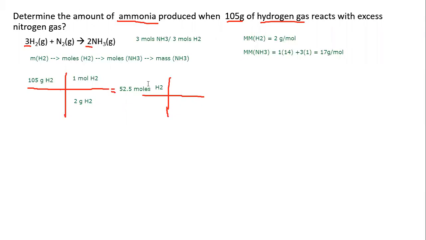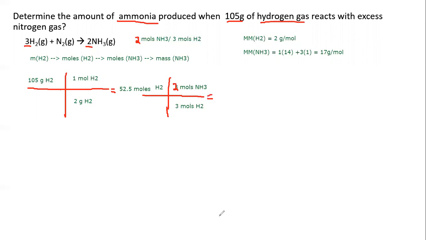So now when we're converting from H2 to NH3, H2 goes on the bottom, and NH3 goes on top. Oops, wrong number here. Should be a 2 for NH3. 2 and 2.